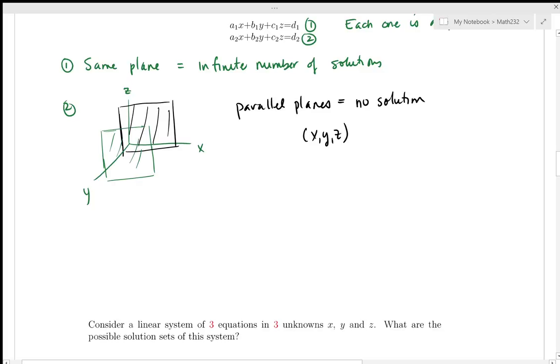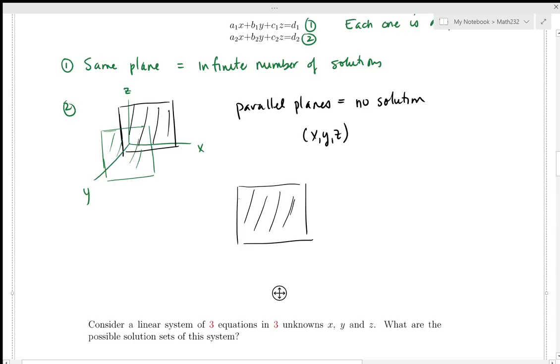So we could imagine, for example, we had 2 planes, and one of them was like this. In fact, let's call this like the XZ plane. And then we had another plane, which was like this. Let me draw this one in a different color.